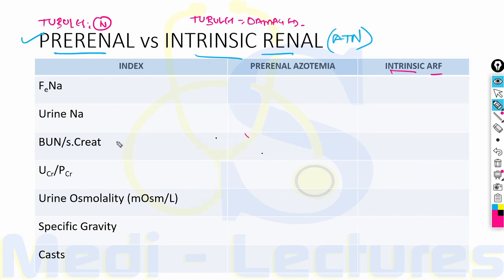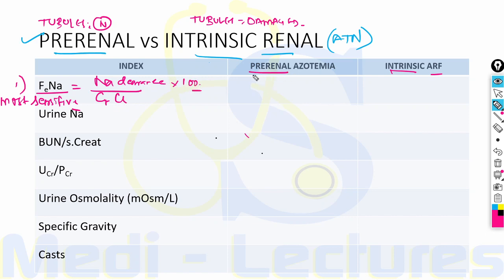So, looking at all the investigations one by one, first of all, it is fractional excretion of sodium. It is the most sensitive investigation to differentiate pre-renal from acute tubular necrosis, and it is defined as sodium clearance upon creatinine clearance multiplied by 100.